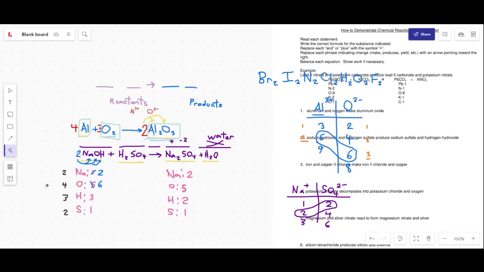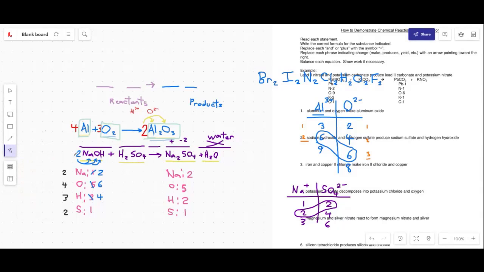So what about hydrogens? How many hydrogens do you have now? 4. I have 2 times the 1 here plus the 2 from the H2SO4, so that gives me a total of 4. So yes, absolutely, very good.